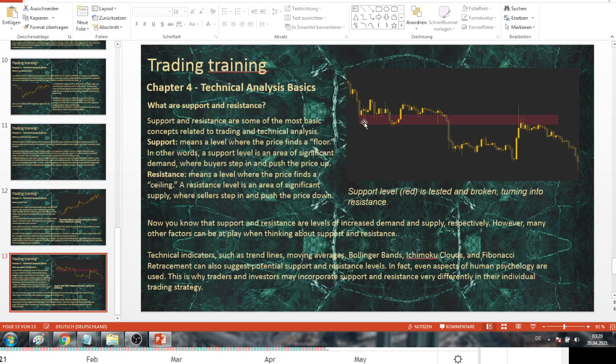And this support level becomes the resistance level next time. If it is falling to the downside, then coming from below to this level, it is resistance. So we finish, we go to the next chapter. Have a nice day.